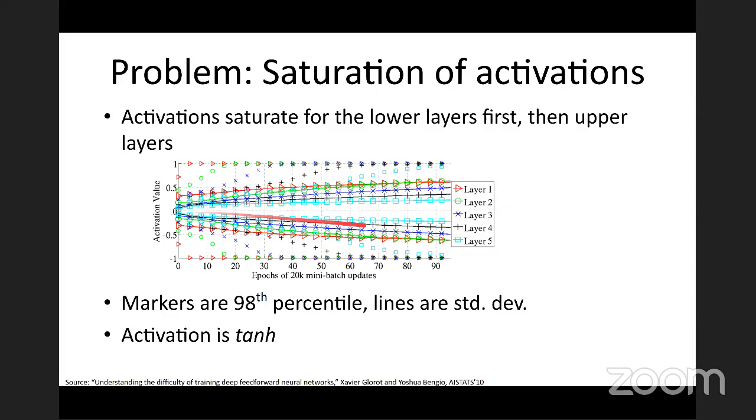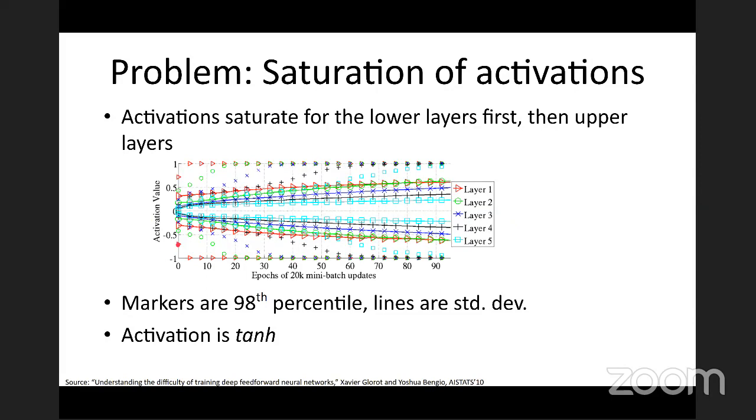You have layer one, which is closest to the input, then layer two, layer three, layer four, and layer five. Layer five is closest to the output, and they're looking at the activation value, which means the output, and this is a tanh layer. The tanh layer maximum value can be 1, minimum value can be -1.